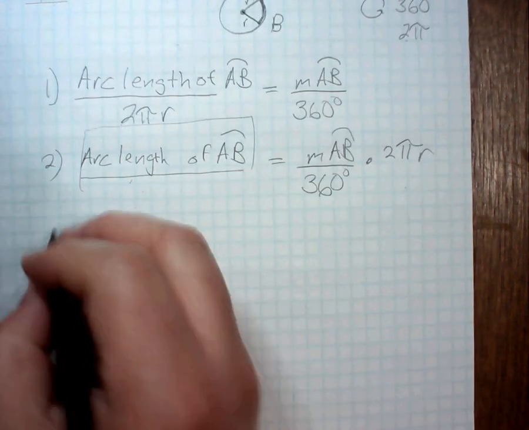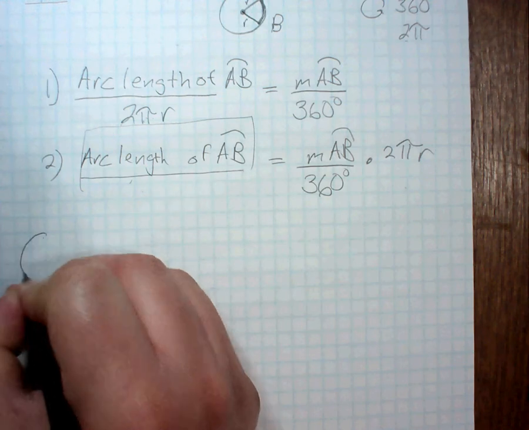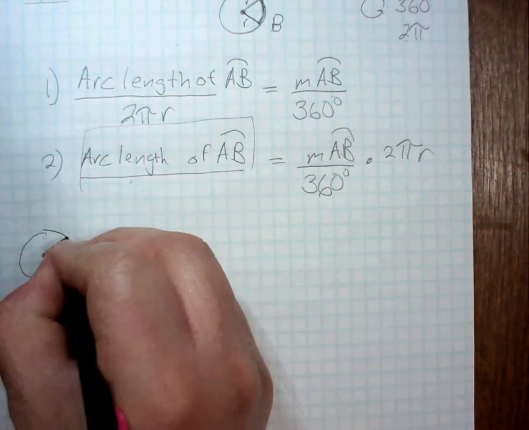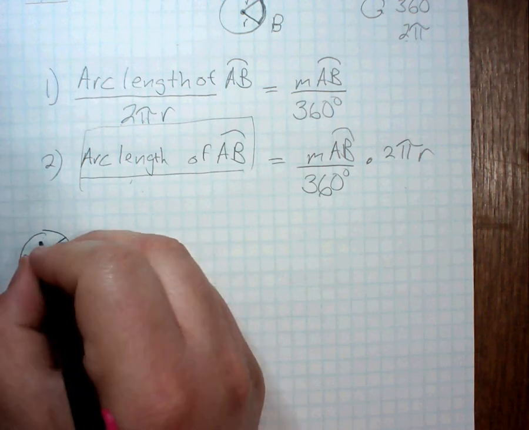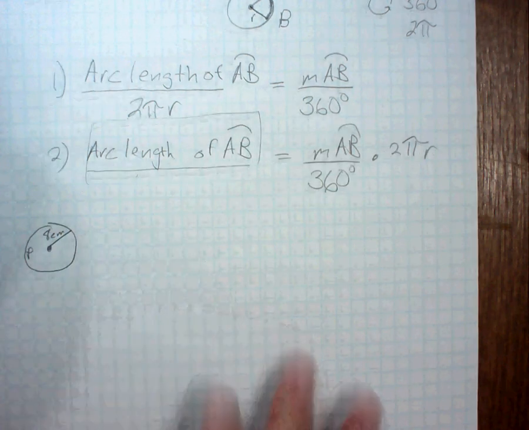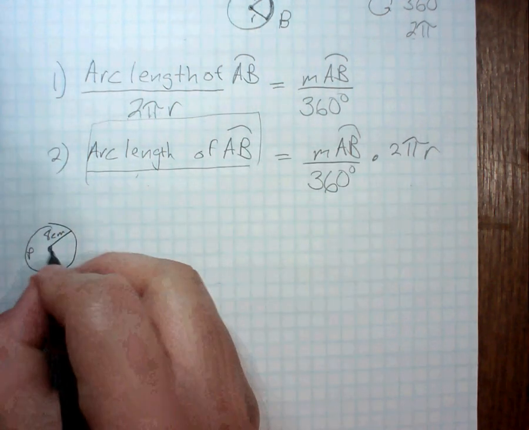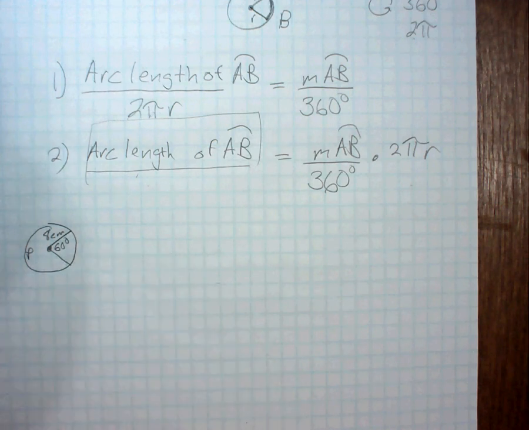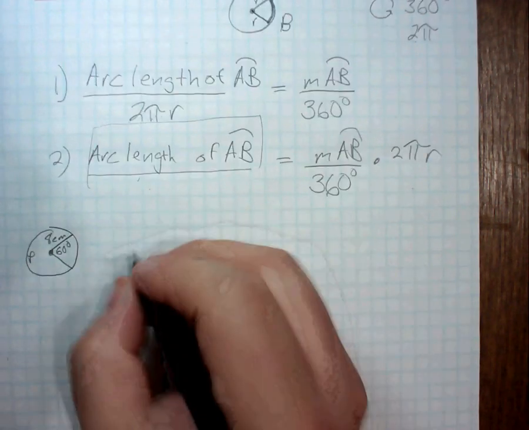So for example number 2, if I have this circle here, and I have the center P, and I know that this is 8 centimeters, okay, and I measure 60 degrees. The way that this works is, I'm going to say the measure.